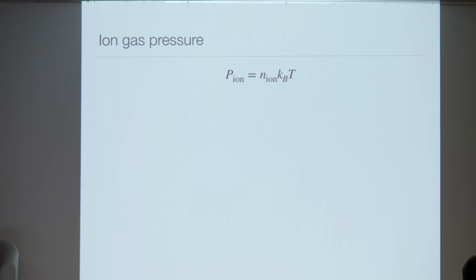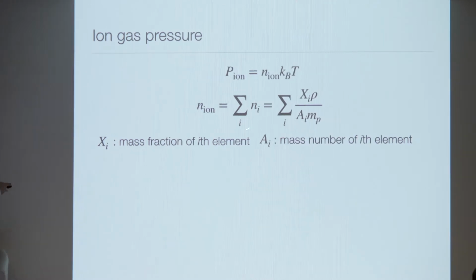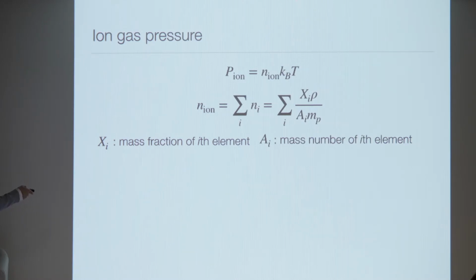Yes, so this was the equation, and this is the total number of ions. Of course, this may not be composed of a single species, so to derive the total number of ions you need to sum the number density over all the species, which can be written in this way.